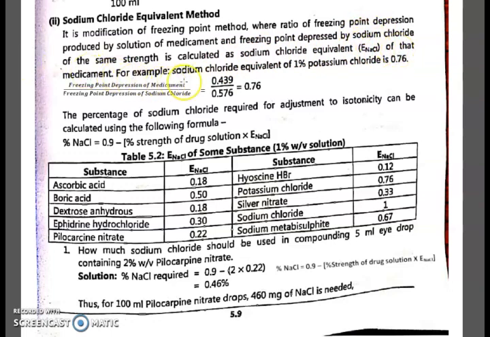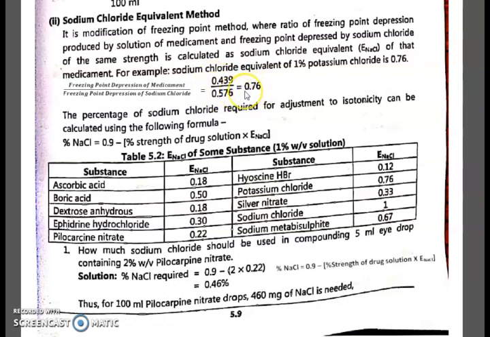For example, the sodium chloride equivalent of 1% weight by volume potassium chloride is calculated as freezing point depression of medicament divided by freezing point depression of sodium chloride. Freezing point depression of 1% weight by volume potassium chloride is 0.439 and freezing point depression of 1% weight by volume sodium chloride is 0.576.